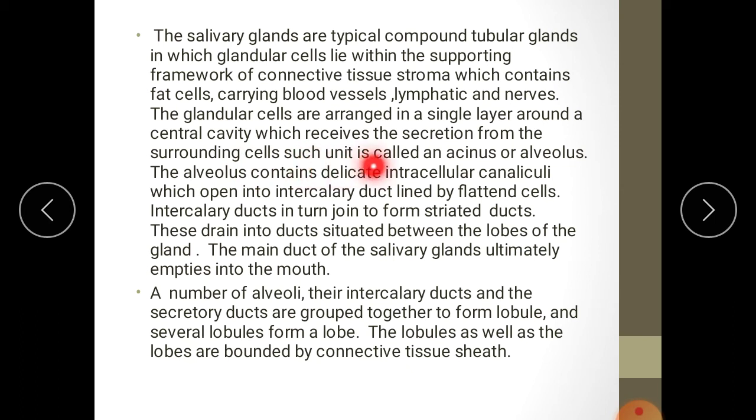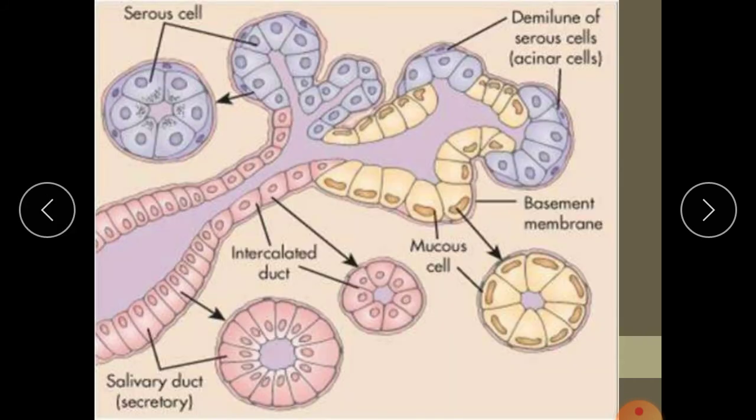Such a unit is called an acinus or alveolus. So we already observed it. So this is acinus. This acinus has pyramidal shaped serous cells. They secrete their content into this central cavity.